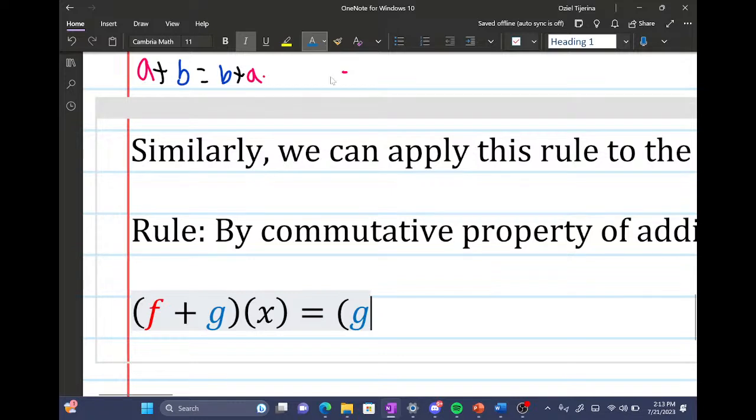And that's the rule that I want to make very clear.